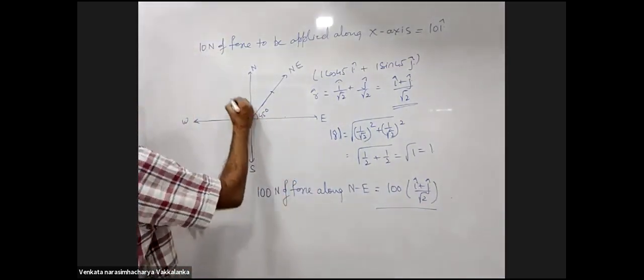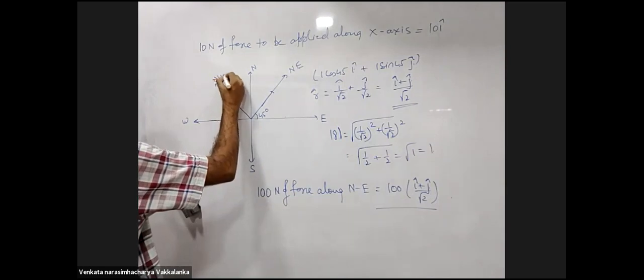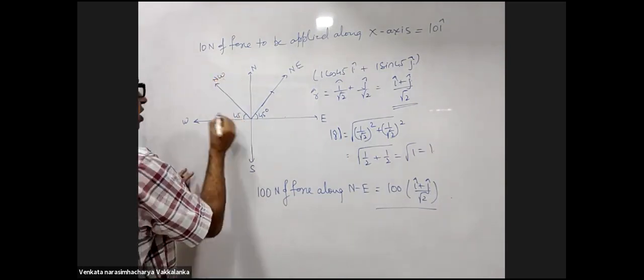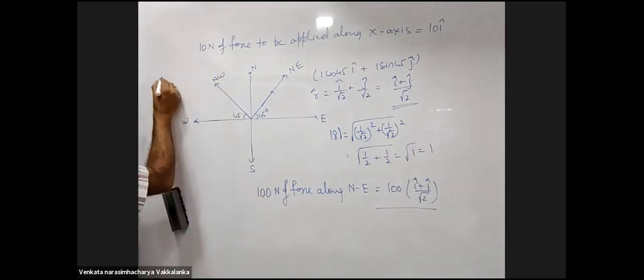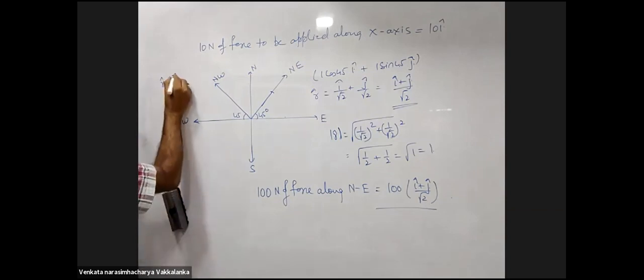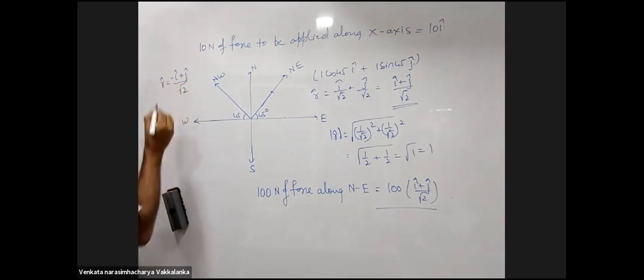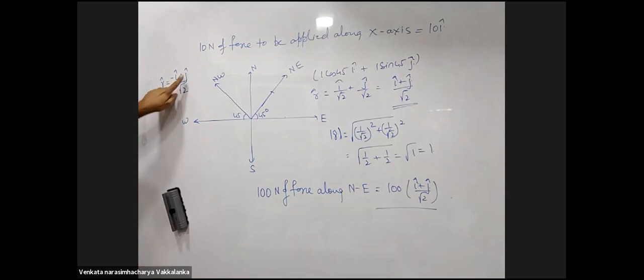Suppose I say northwest. This is 45. Unit vector along northwest will be minus i cap plus j cap by root 2. Calculate its magnitude and see, you will get 1.